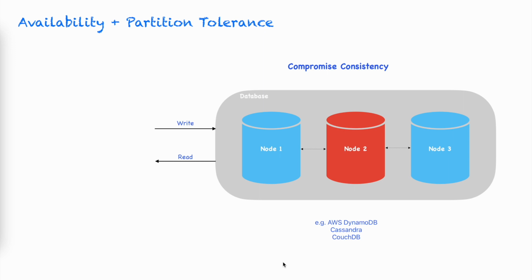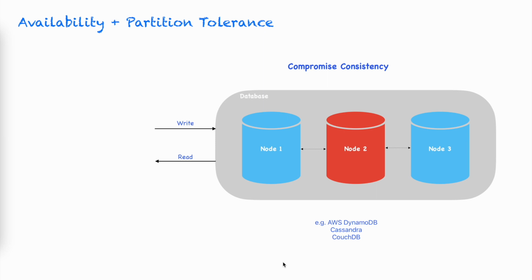If any data has been written on node 2, which failed or couldn't sync its data with other nodes, then that data will remain there and will not be available to the end user request. So in such cases, the data given to the end user will be stale data. But the system will be available all the time, even in case of node failure or network failure.